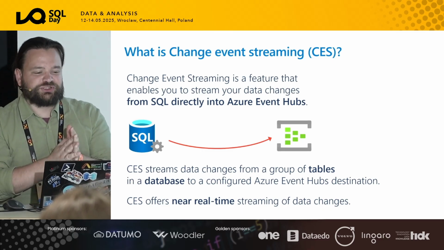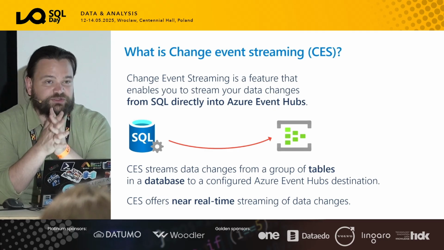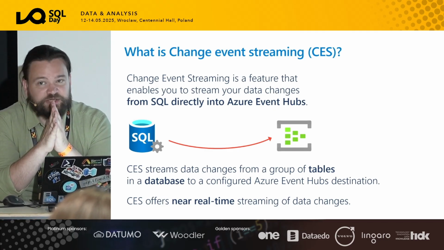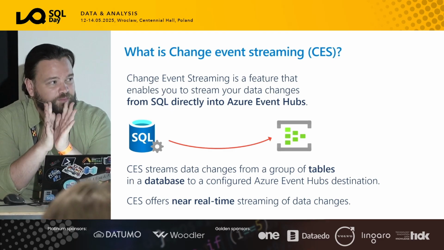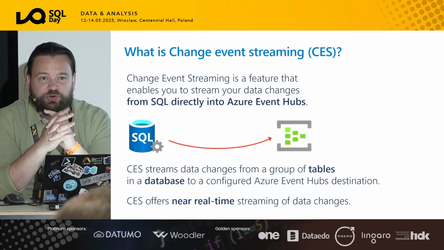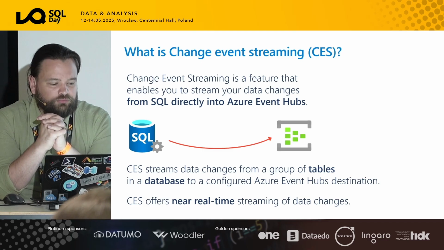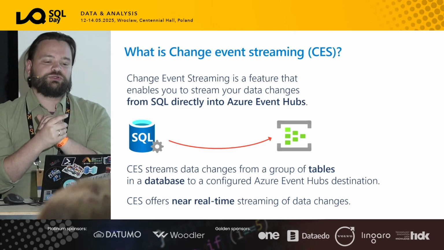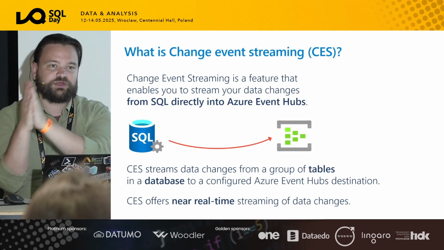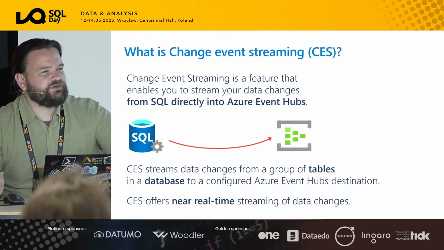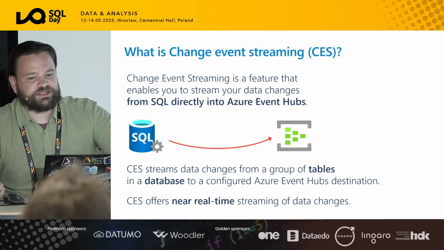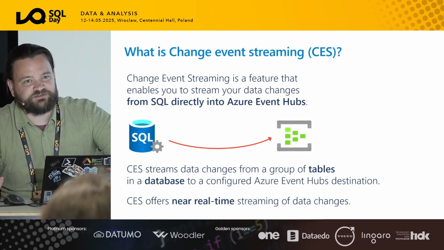Now something super new. Change event streaming is in private preview for Azure SQL Database and Azure SQL Managed Instance. We've been blogging about this and inviting people, so some of you may know about this private preview. Change event streaming enables you to stream your data changes directly from SQL into Azure Event Hubs. Azure Event Hubs is a service in Azure quite similar to Kafka.